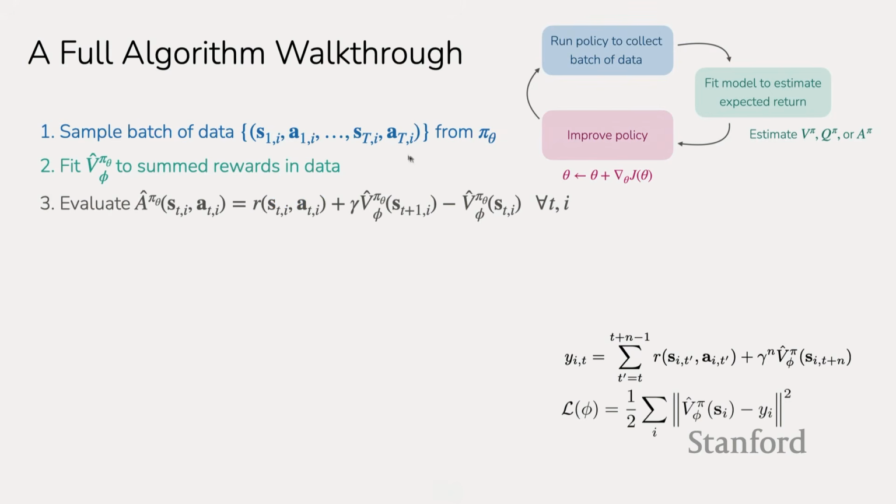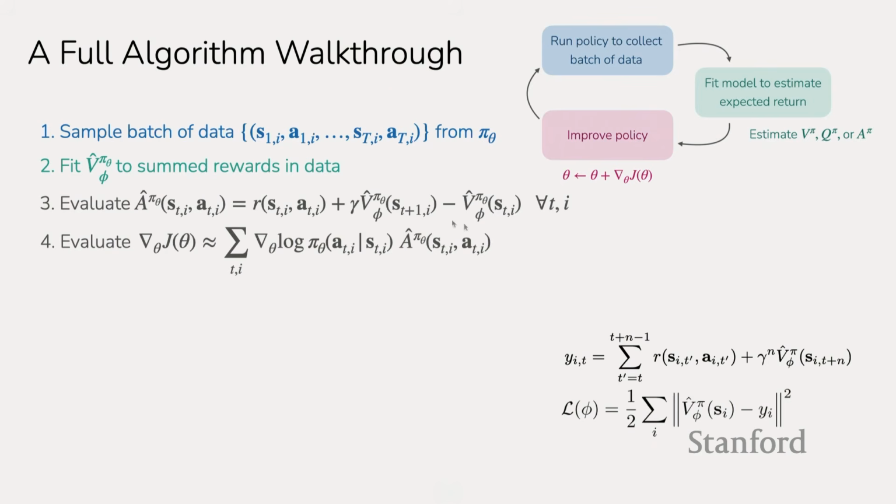Then once we have our estimate of the value, we can use that to estimate the advantage of a particular action by looking at the reward plus the value at the next time step minus the value at the current time step. According to our value function and the reward we saw, this tells us how good the action that was taken in the data set is.